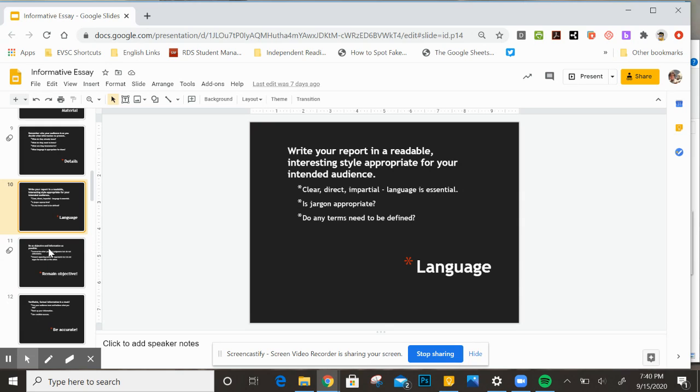Some things to think about when it comes to language, though: being clear, being concise, being direct with the audience, and being very careful that you're not using jargon. And a lot of times this could be a problem if you know a lot about the topic already, because it's hard to remember what other people don't know, because it's such a part of you and it's the thing you know the most about, that it's hard for you to stop and say, okay, wait a minute, is this something that only people in the know would know, or is this general knowledge?